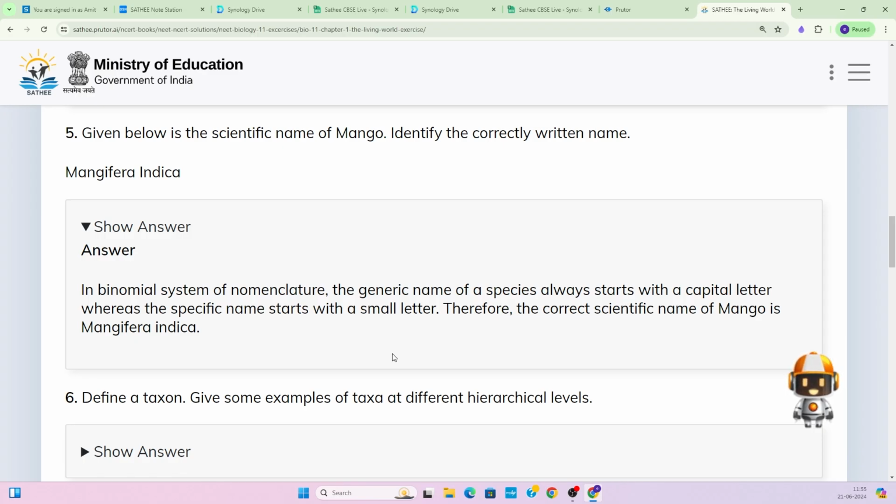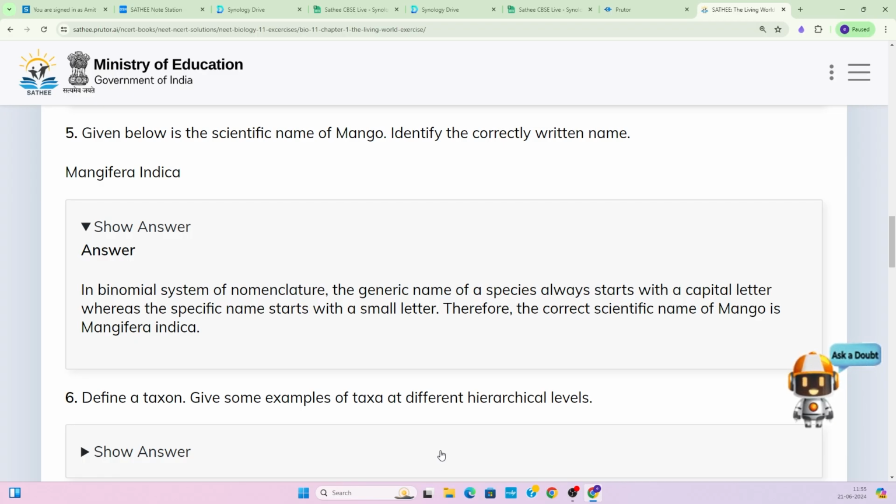The genus name or the generic name always starts with a capital letter. So here you see Mangifera indica. Mangifera starts with the capital letter M, right? Whereas the specific name or species name starts with a small letter. So indica should be written with a small i.